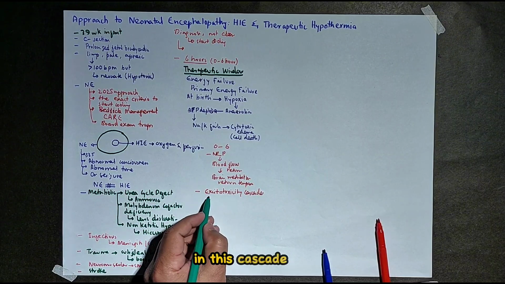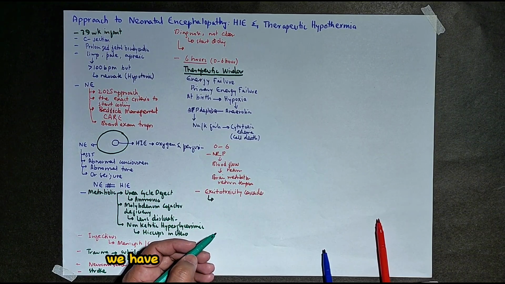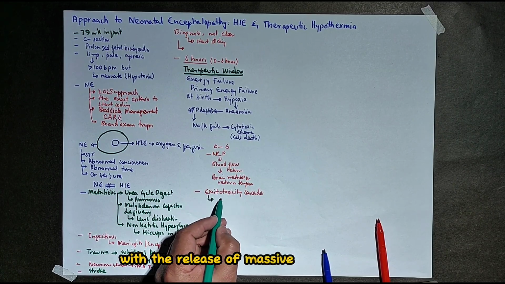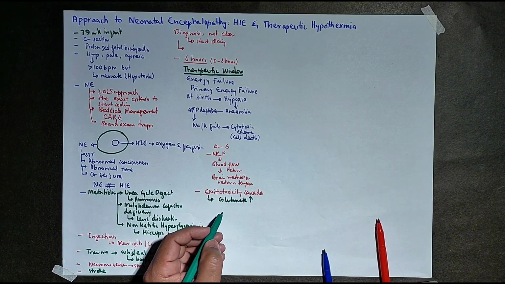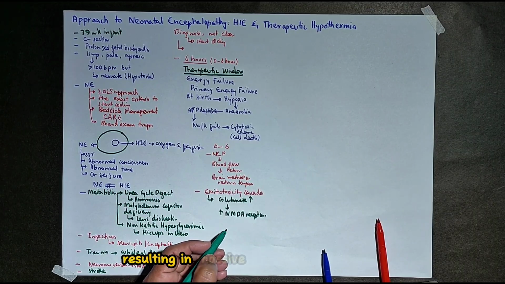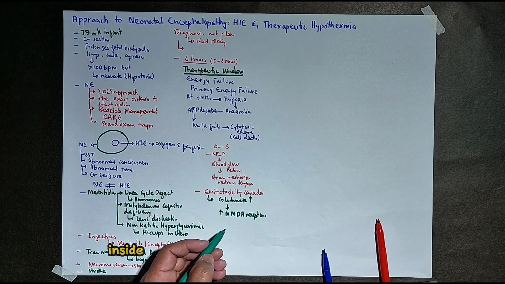In this cascade, we have an excitotoxic neurotransmitter, that is glutamate. With the release of massive glutamate, it activates NMDA receptors, resulting in a massive influx of calcium inside the cell.